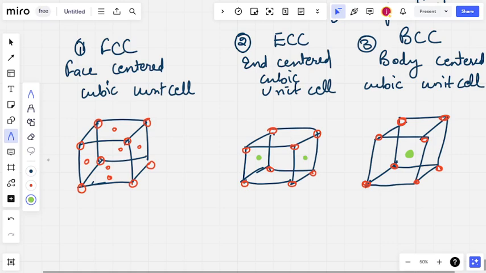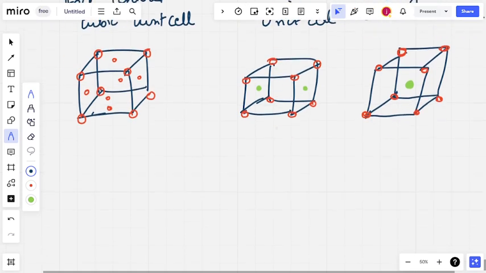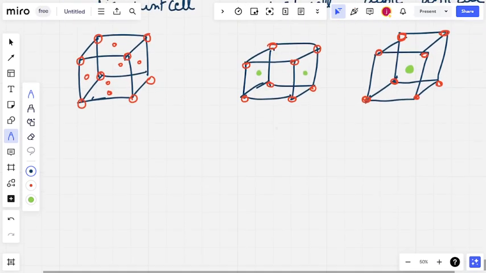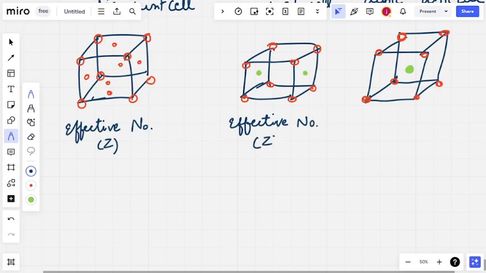Let us try to calculate the effective number Z for each of the non-primitive unit cells. In face centered, we have to calculate the effective number Z. You can do it yourself also. It's not a difficult task.